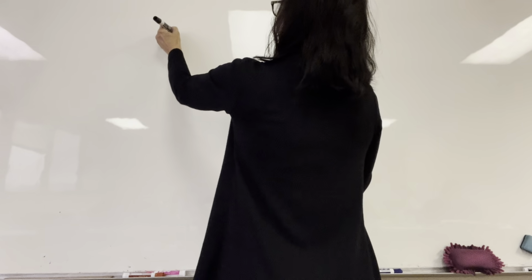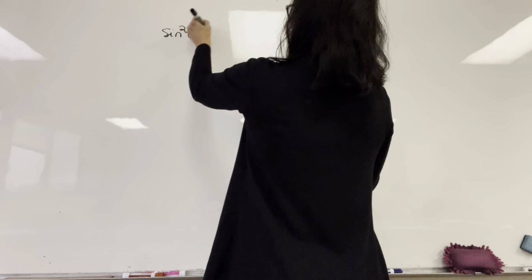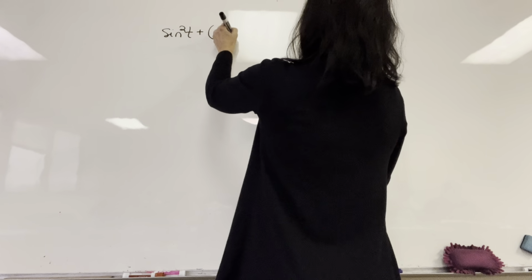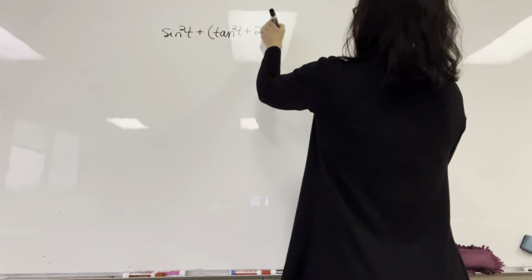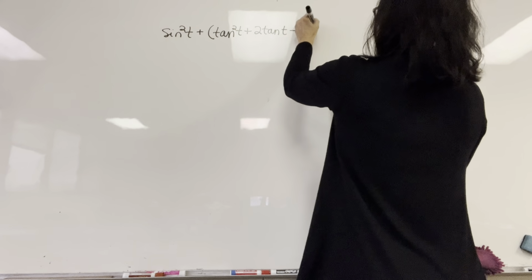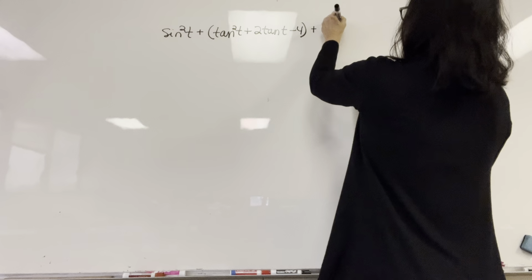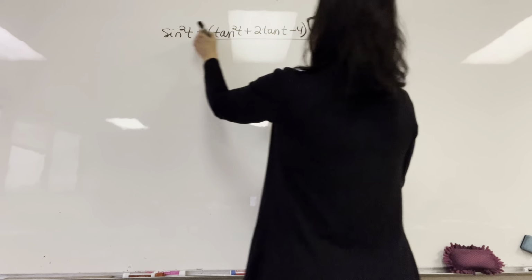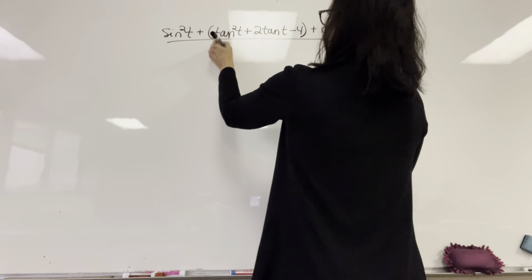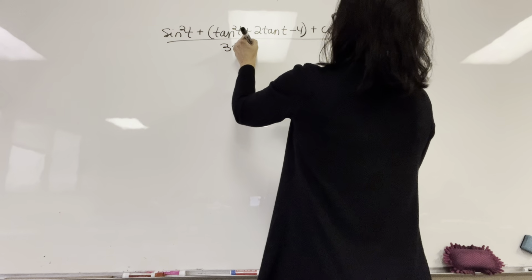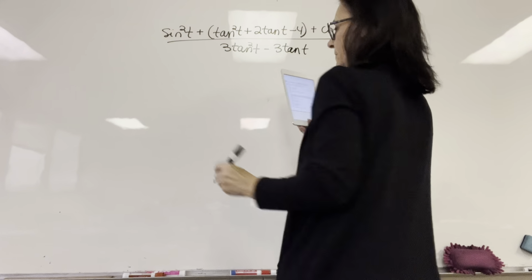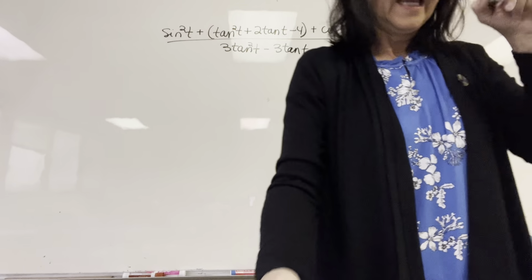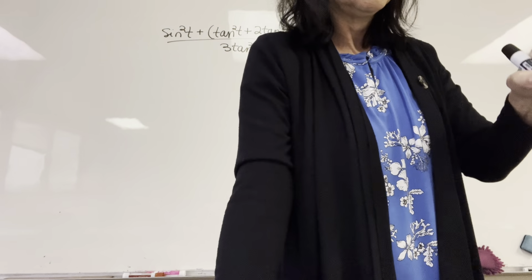All right, so the sine squared t plus the tan squared t plus 2 tan t minus 4 plus the sine squared t, all over 3 tan squared t minus 3 tan t. So we're just going to simplify this in its most simplified form.